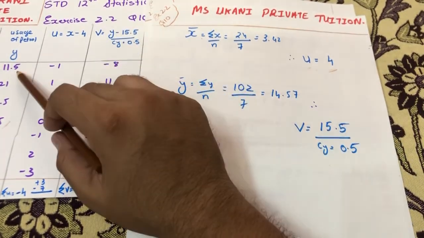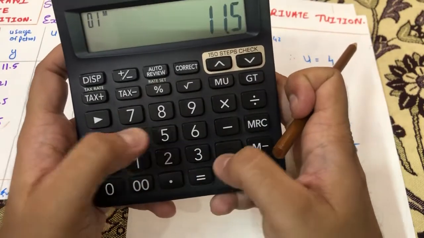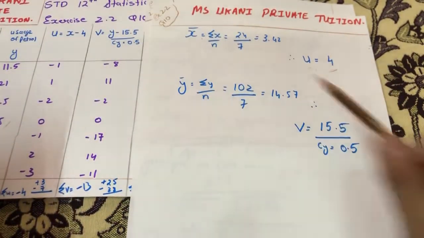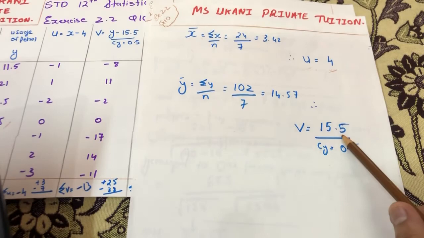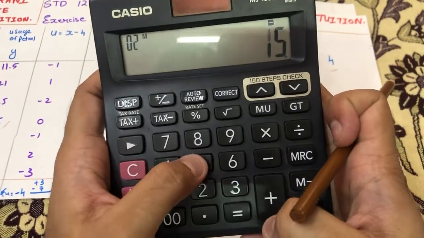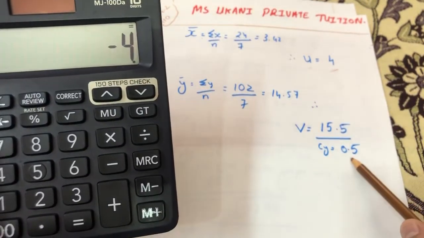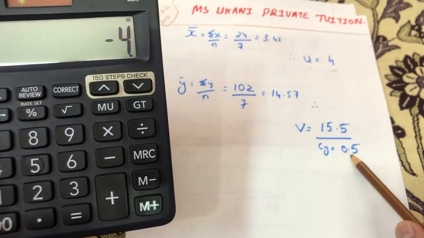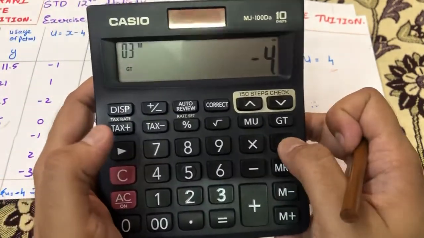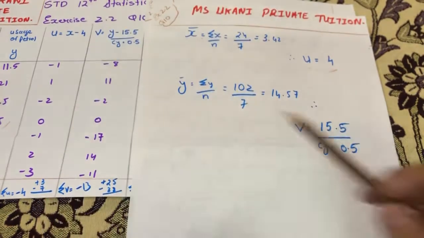Here our Y is 11.5, so 11.5 minus 15.5, and to make the number smaller we divide by 0.5. So here our answer will be minus 8.